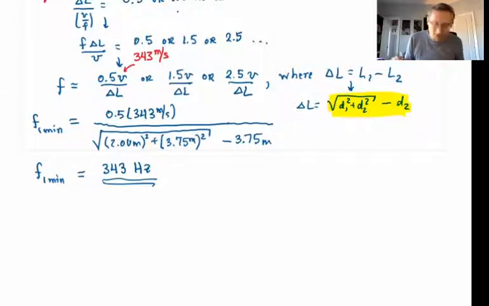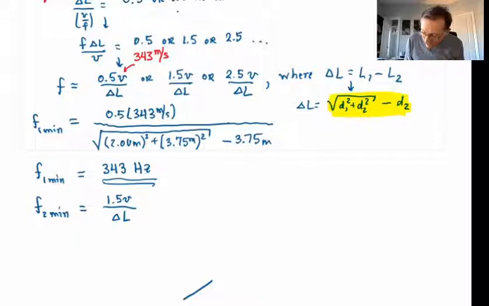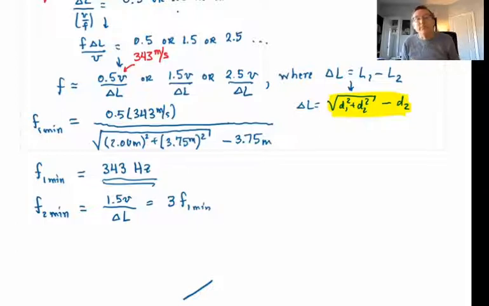Now the next frequency at which you'll have fully destructive interference, I'm going to call F2 min. That's 1.5 V over delta L. If you look at that carefully, you'll notice that's just 3 times F1 min.